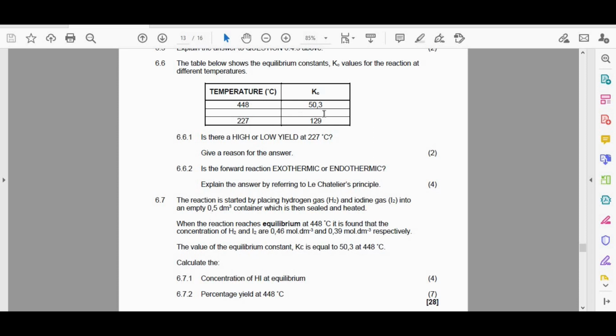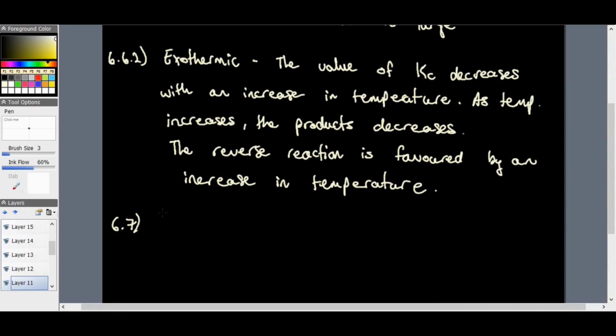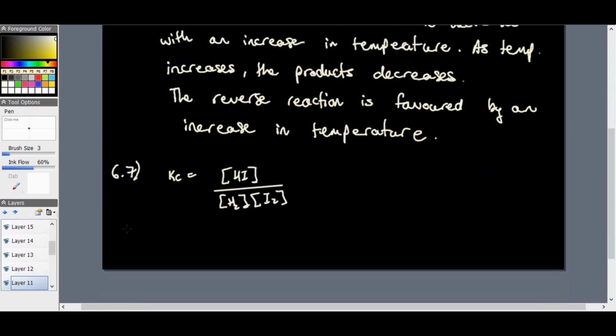So they wanted us to work with the first line. Calculate the concentration of hydrogen iodide at equilibrium. Well, first things first, Kc is equal to the concentration of the products, HI, divided by the concentration of the reactants. So we know that the Kc value was 50.3, and that was equal to the concentration which we are uncertain of at the moment.